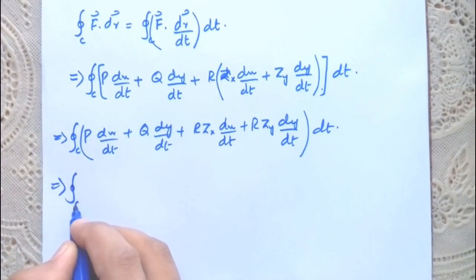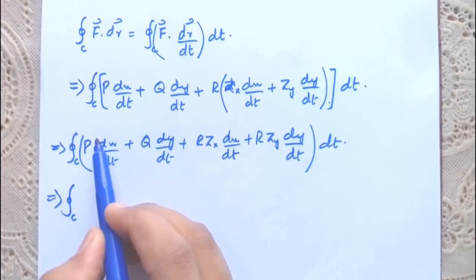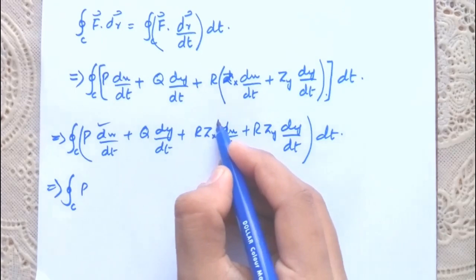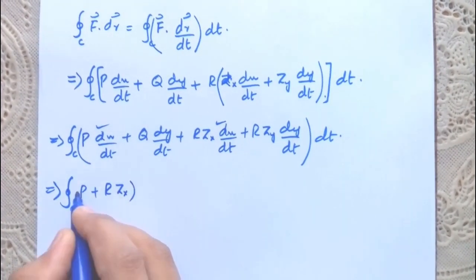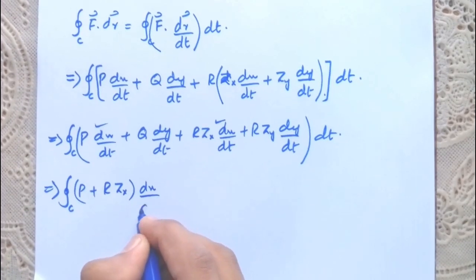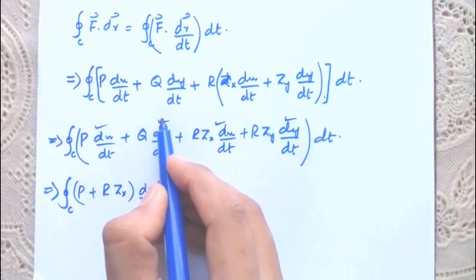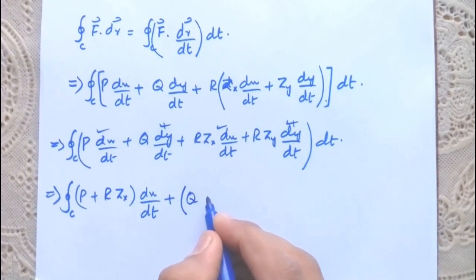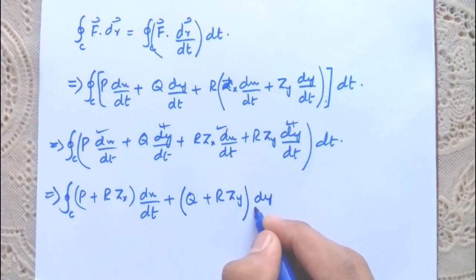and for the line integral, now take out dx over dt as common from these two terms, so p plus r zx times dx over dt, plus dy over dt as common, so q plus r times zy times dy over dt.